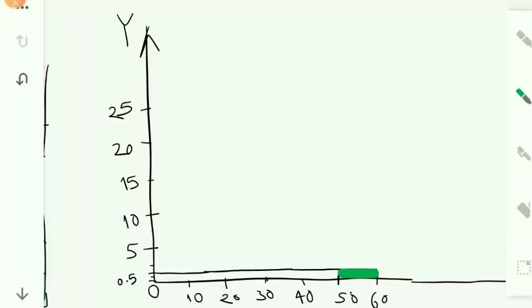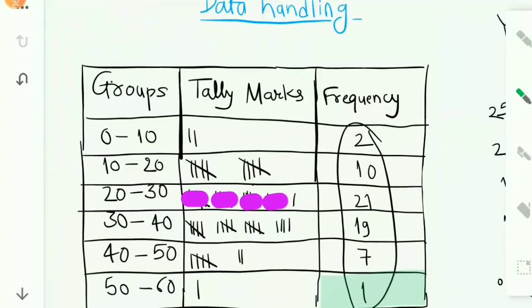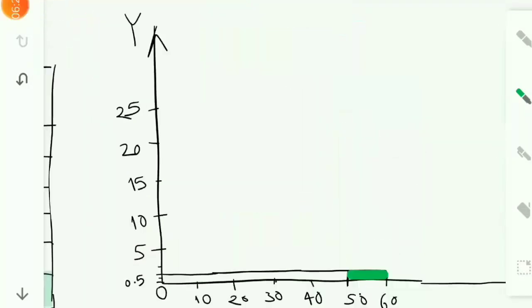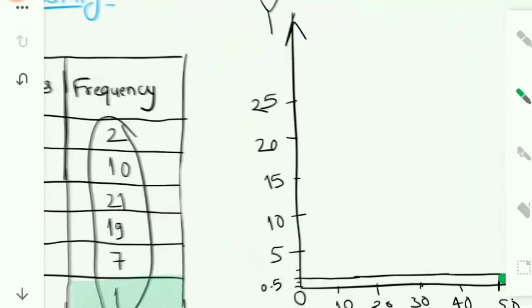This green colored bar represents number of students who got marks out of 50. Now only one student is in the range 50 to 60 and total marks are out of 50. So this student must have got 50 out of 50 marks. So this is 7.